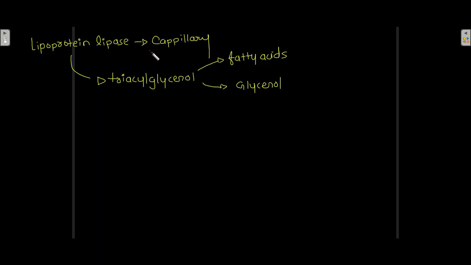Now in the capillaries, as you know, there is lipoprotein lipase. This lipoprotein lipase enzyme converts the triacylglycerol of the chylomicron into fatty acid and glycerol. The fatty acid generated here then enters the cell. So that's an overview of processing of dietary lipids.